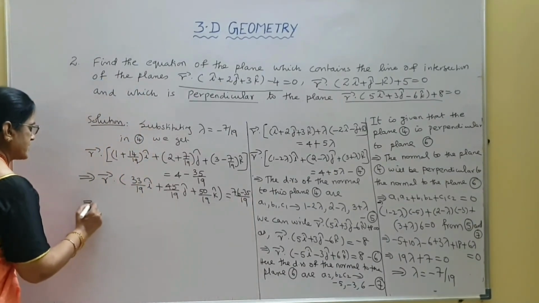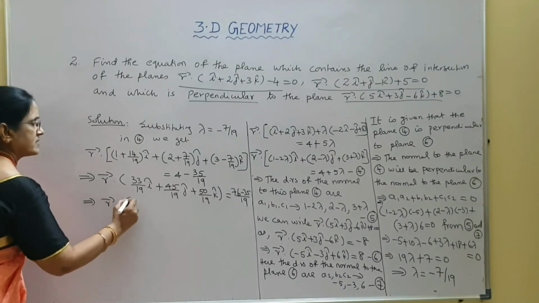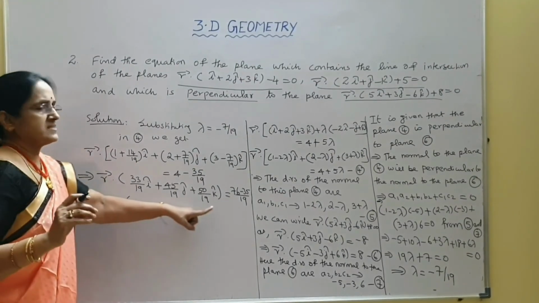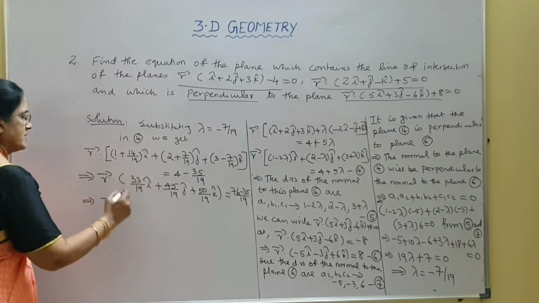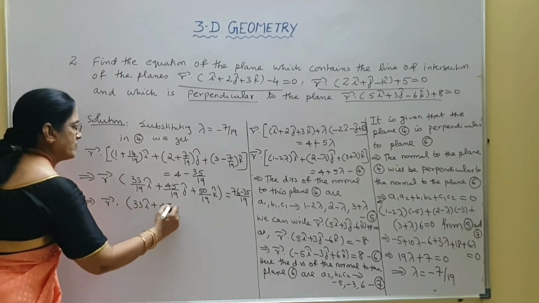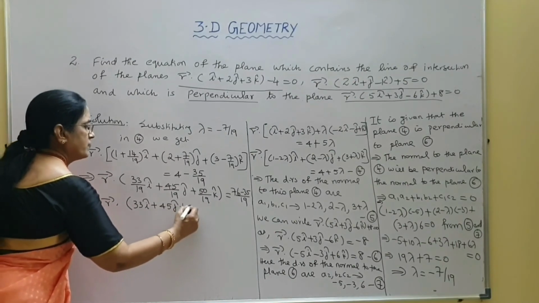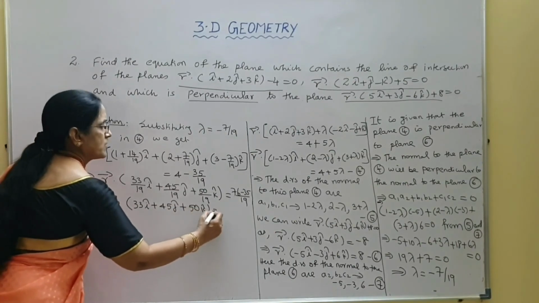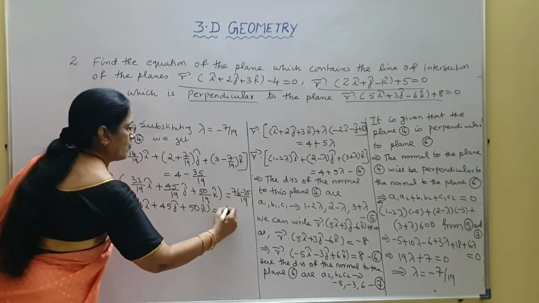I can cancel this 19 throughout. I will be left with 33 i cap plus 45 j cap plus 50 k cap is equal to 41.